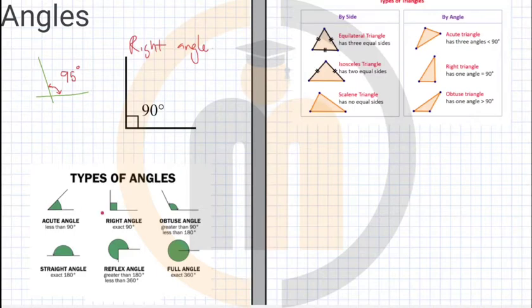Now if you look at the chart below, if the measurement is below 90 degrees, we call it an acute angle. If it's exactly 90 degrees, you call it a right angle. If it's greater than 90 degrees and less than 180, slightly beyond 90 degrees, it's called an obtuse angle. These are the three common ones.